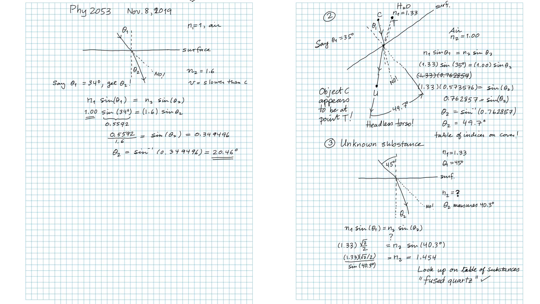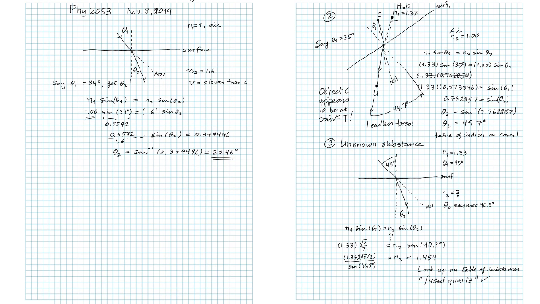All right. So here's my interface. Here's my surface. And let's say that up here, n is equal to 1. It's air.